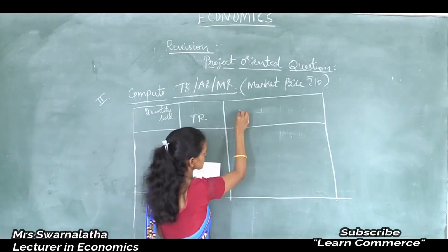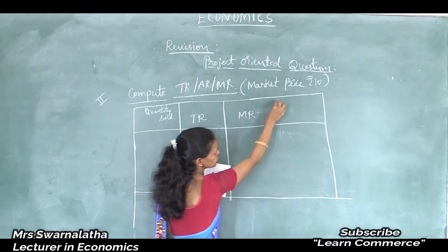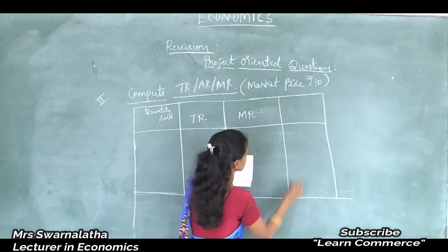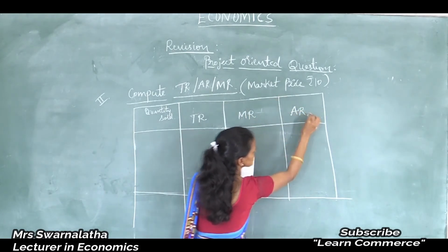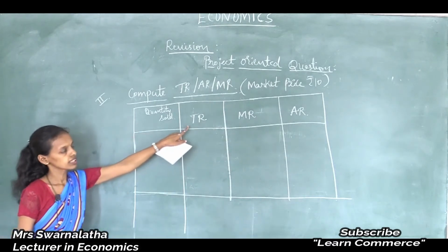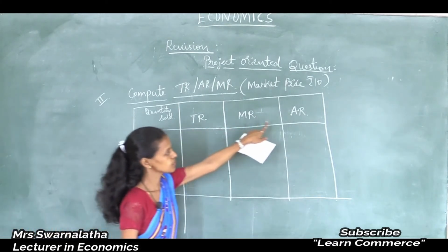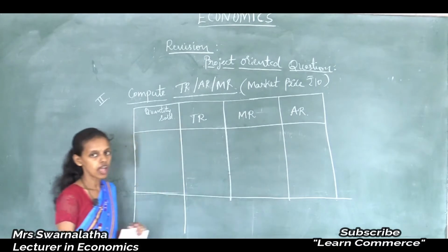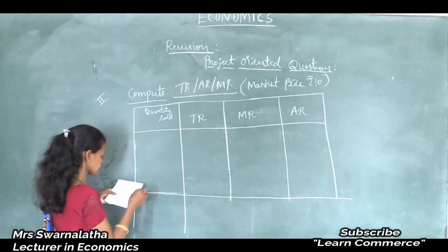Third is MR. Fourth one is AR. Here TR means total revenue, MR means marginal revenue, AR means average revenue.